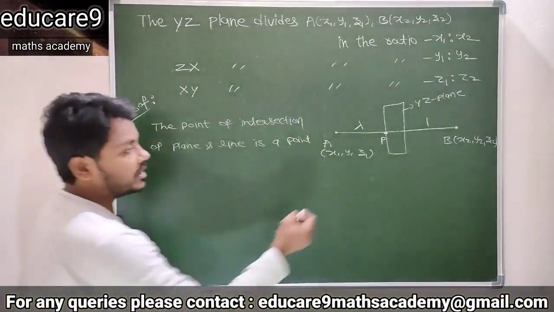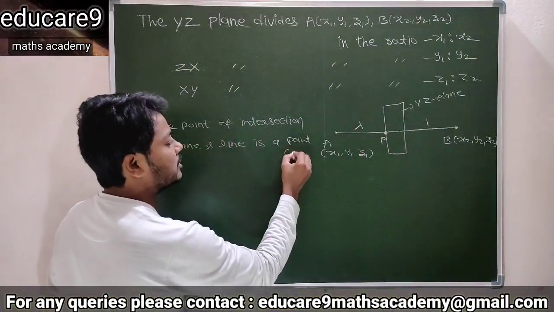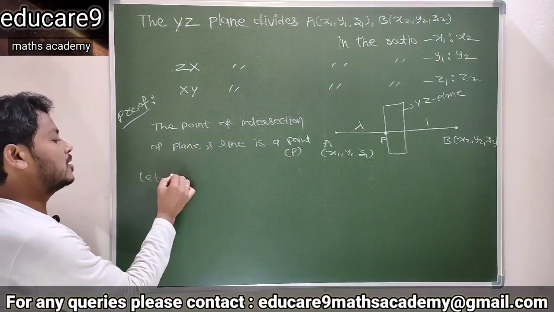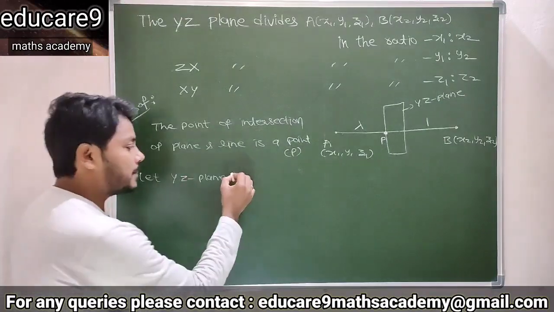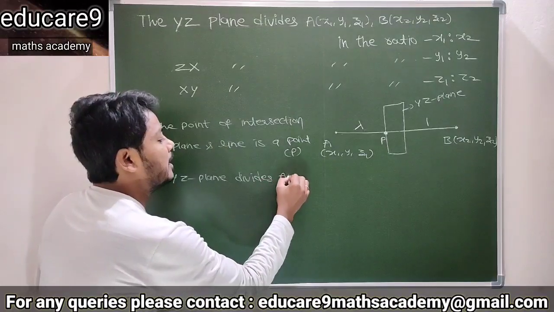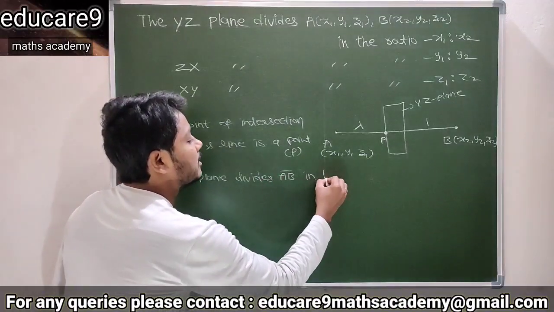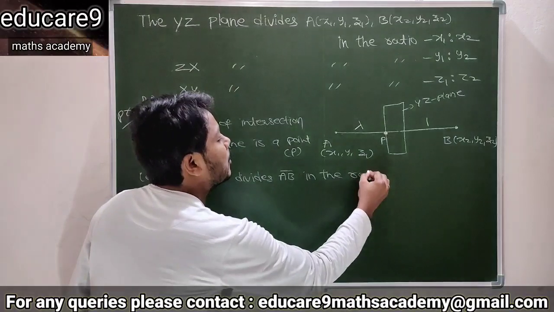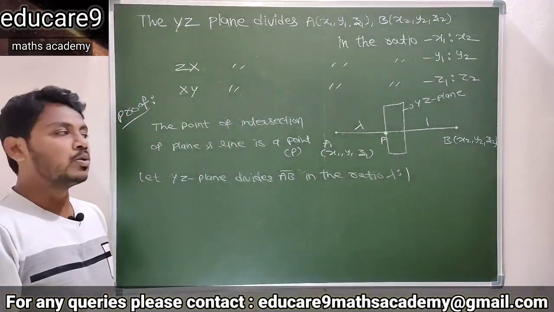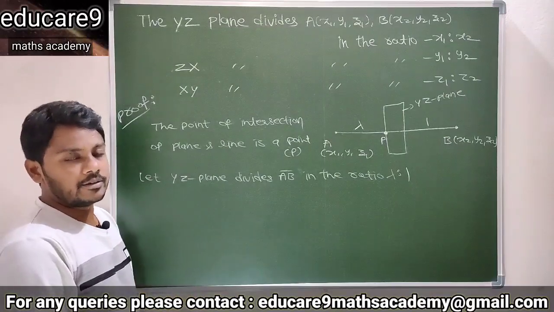So that point is P only. Therefore, let the yz plane divide the line segment AB in the ratio lambda is to 1. So we have to use the internal division formula.